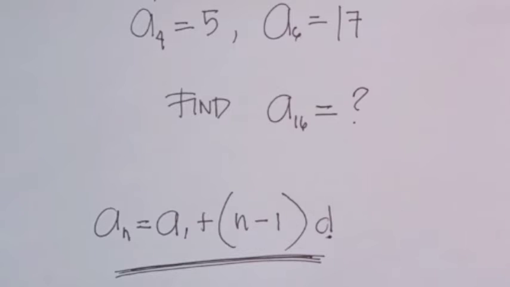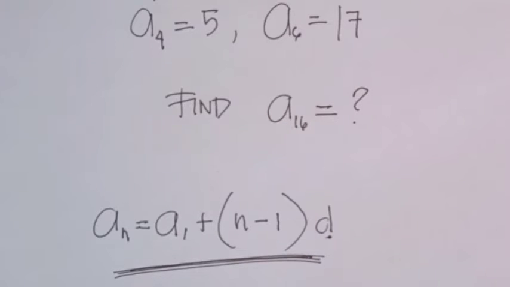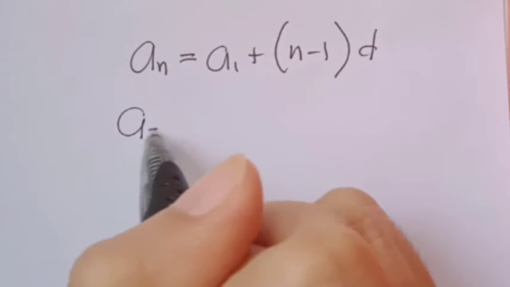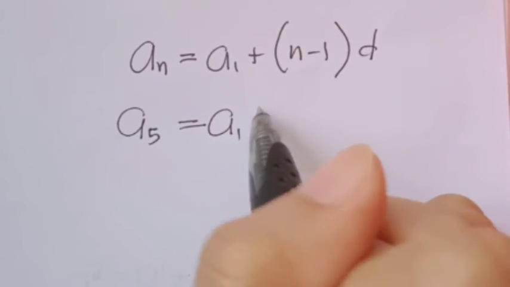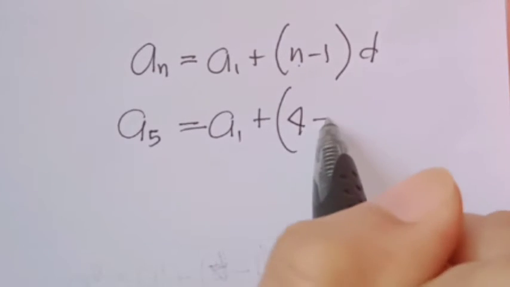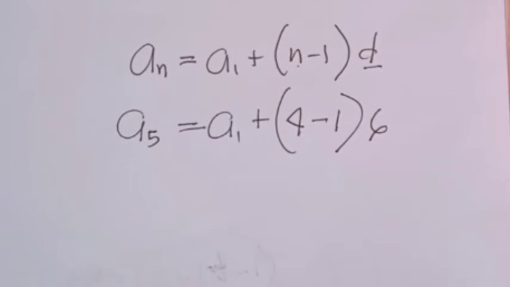The next step is to get the a sub 1 so that we can find the a sub 16. We will use the formula like this. N here is 5... a sub 4 is 5, so a sub n is 5, and we don't have a sub 1, plus our n here is 4 minus 1, times the difference, which is 6.